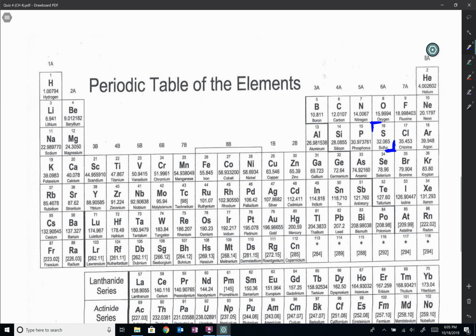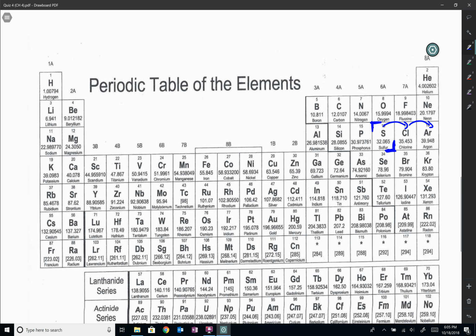So, if we're sulfur, when we want to get to the closest noble gas, we go 1, 2, right? That means to get to the closest noble gas, I would have to add 2 electrons. So sulfur typically, in an ionic compound, has a 2- charge. And that's what we will see in the particular example that we're looking at.